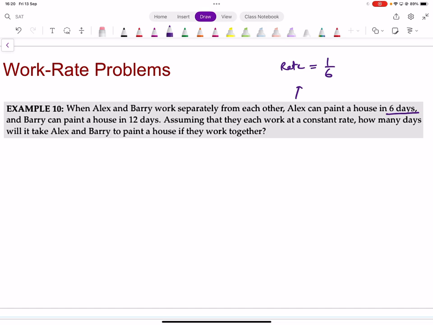This rate is 1/6. Okay? This is the rate at which Alex is working. The rate of work for Bari is 1/12 because every day he can paint 1/12 of the house. Is that okay?